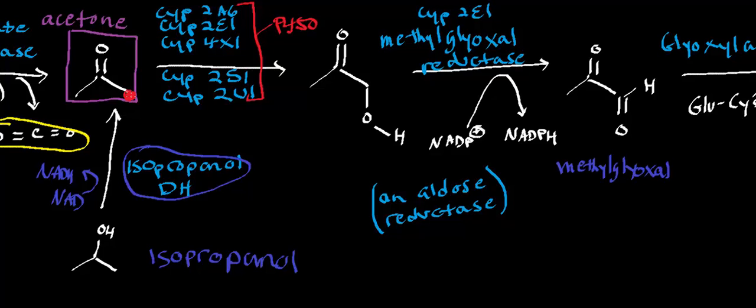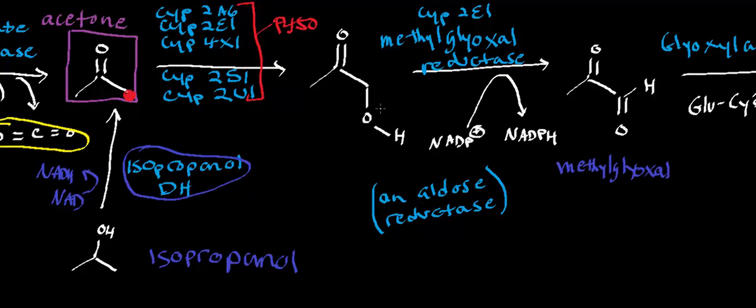Okay, and just so you know, in case you haven't seen it up to this point, there are lots of P450 enzymes. There are basically too many to count. There are all sorts of varieties with various specificities, but it turns out that they all have broad specificity, and these are some of them that have the broadest specificity. And these are 5 of them that can react with acetone.